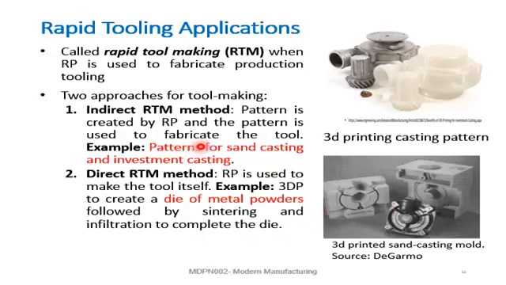The first one is indirect rapid tool making, because this is just a pattern. It is not going to be used directly as a die or as a mold. But here we create the die or the mold directly, and this could be used for the fabrication of the tool under consideration.